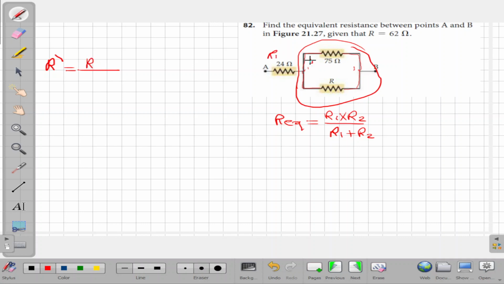This is R1, this is R2, and this is R. So R prime is equal to R2 times R over R2 plus R. R2 is 75 ohm times R, given as 62 ohm, over 75 plus 62. Plug this in the calculator and we will get the answer, which is 33.95 ohm.